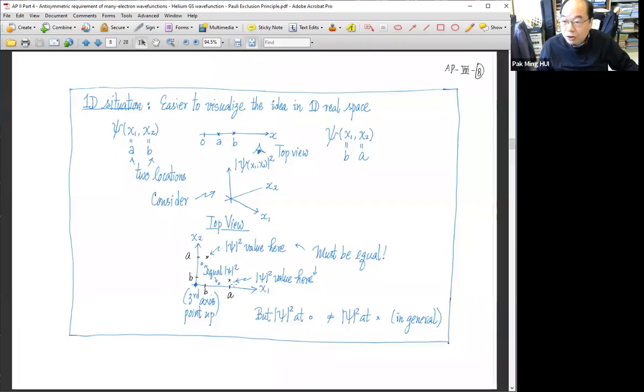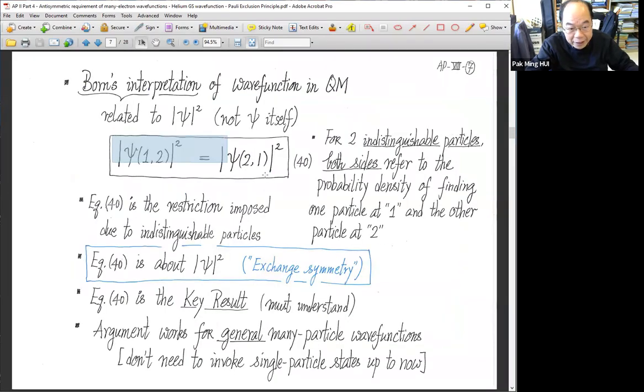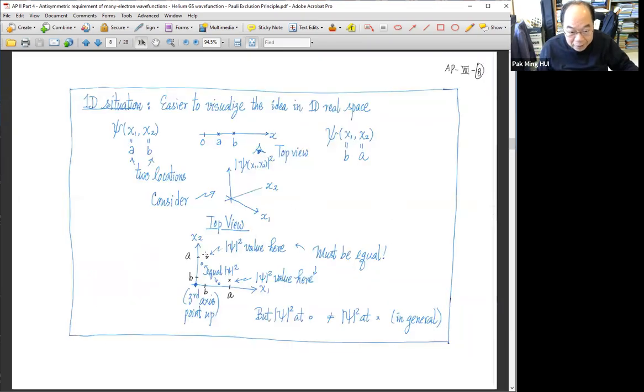Now, if you switch the coordinates, it means we look at another point. x1 is b, x2 is a. That is this point, all right? Now, what the statement says here is that the square is the same. It means this number must be equal to that number. Is that clear? That is what the physical requirement says. The square is the same.